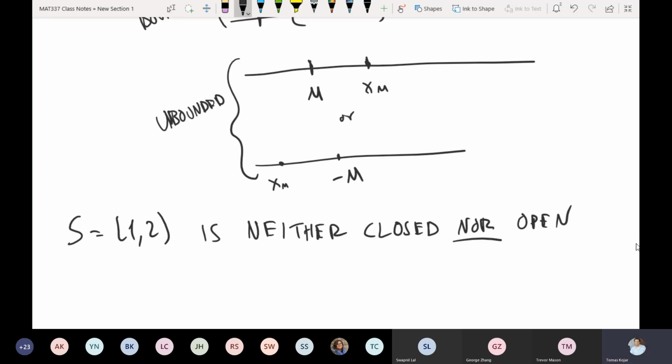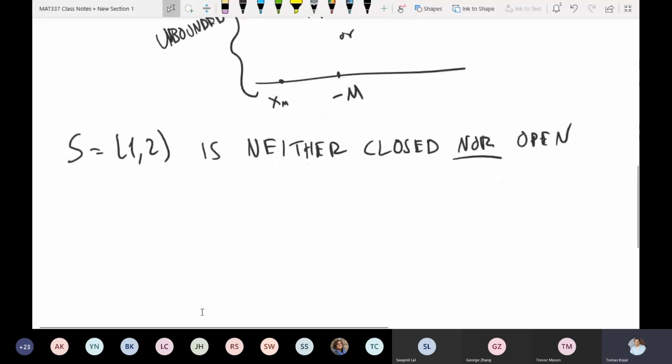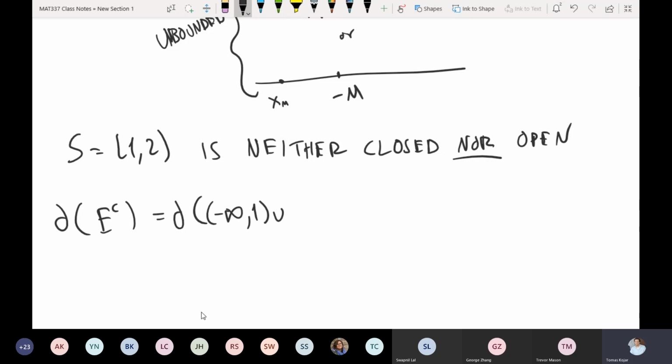For the set [1, 2), what's the boundary of the complement? The question is, what's the boundary of the complement of E, meaning the boundary of (minus infinity, 1) union [2, plus infinity). It will be the same thing, it will be {1, 2}.